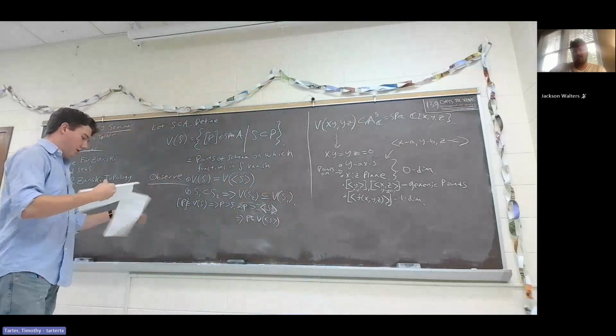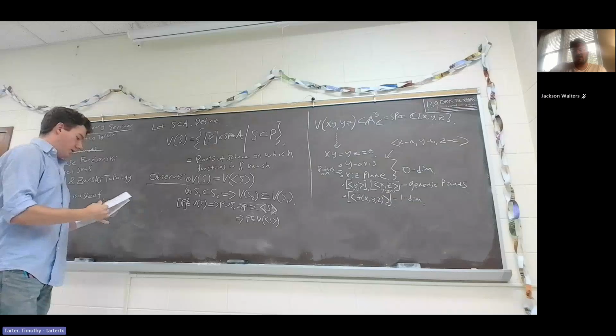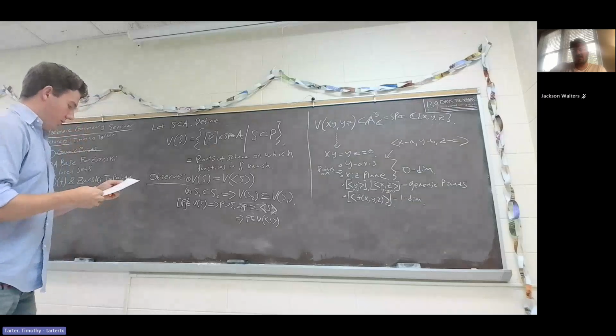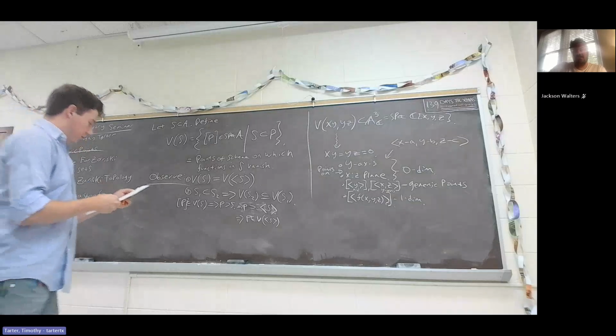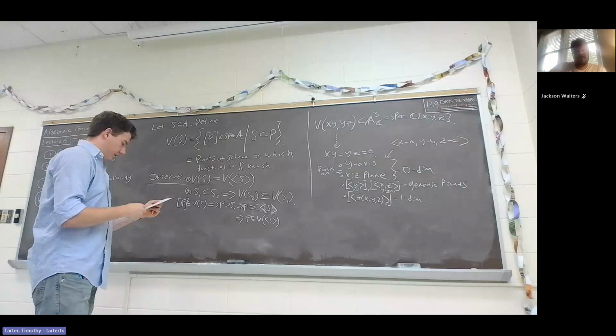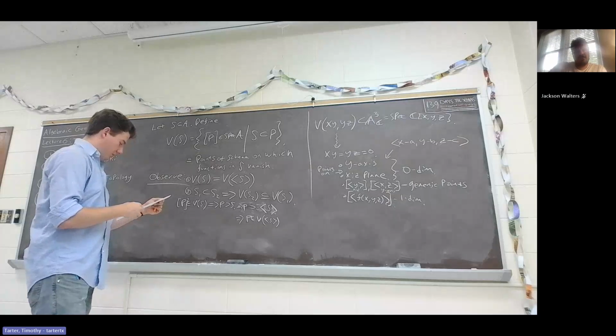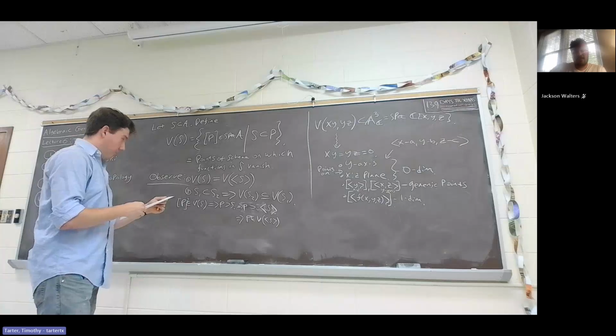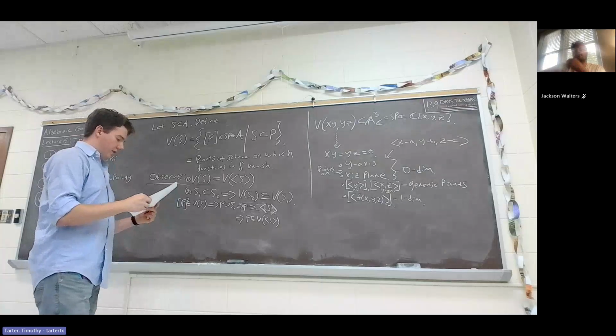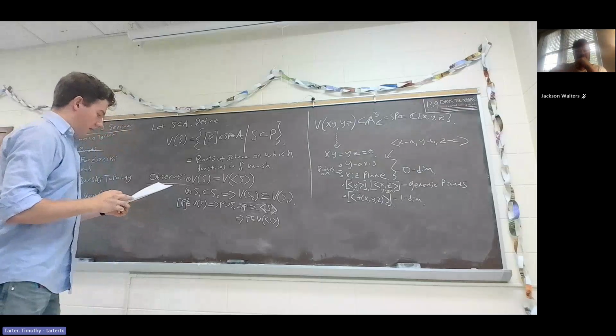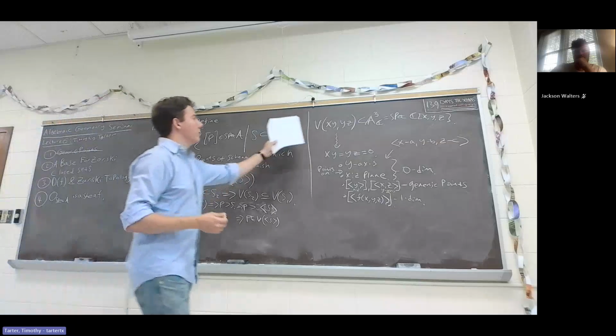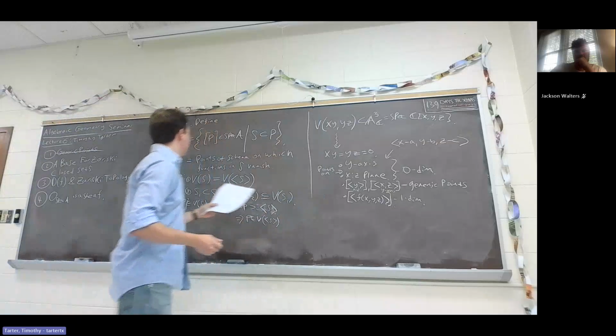We've defined open sets, we've defined this inclusion reversion. We're also going to give an example of, so I guess this is a closed set, right? So this was our example of a closed set.